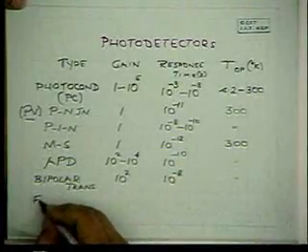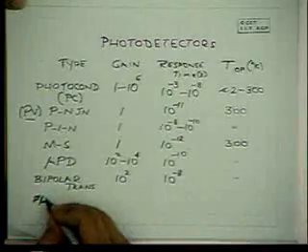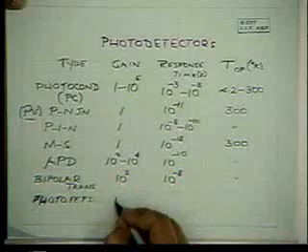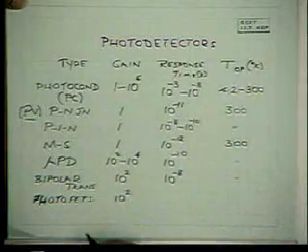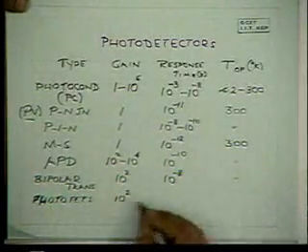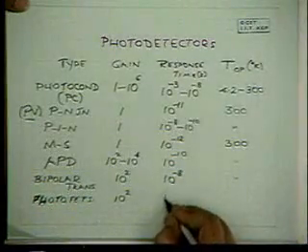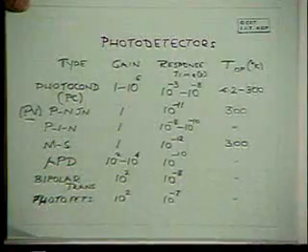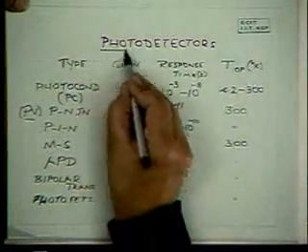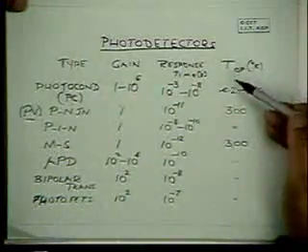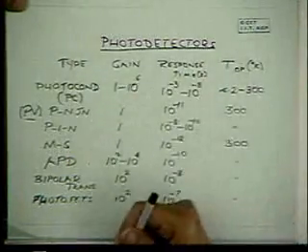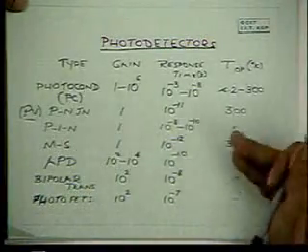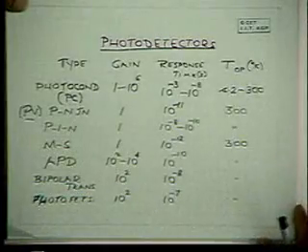Room temperature operation, and then we can have photo FETs, 10 to the power 2. These are the sort of maximum gains available. FETs are slightly slower than bipolar devices, 10 to the power minus 7, operating at room temperature. So, depending upon your requirements, one can choose any of these particular types of detectors and get the best operation possible.